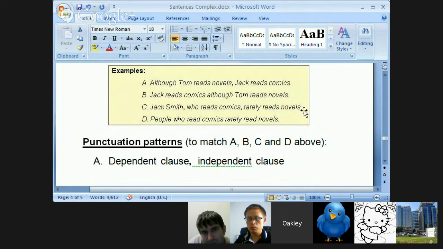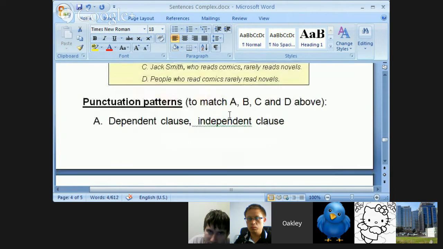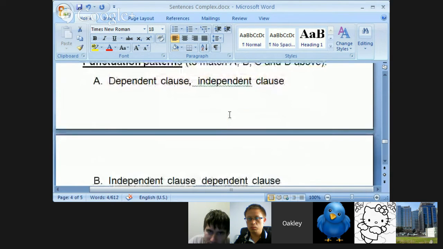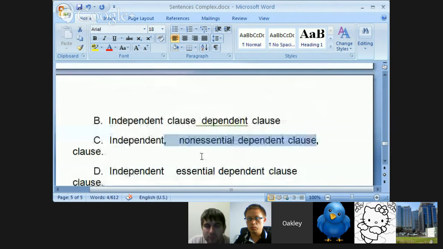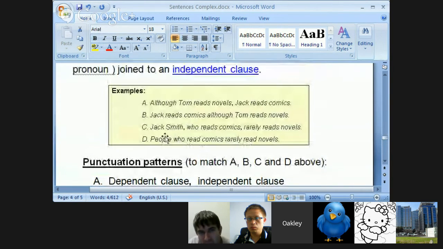Okay, I don't know if you can see these sentences very well. Jack Smith, comma, who reads comics, comma, rarely reads novels. That is, who reads comics is a dependent clause, but it is non-essential. It's not necessary. I can just simply say Jack Smith rarely reads novels.